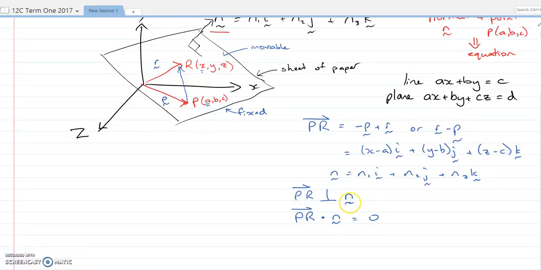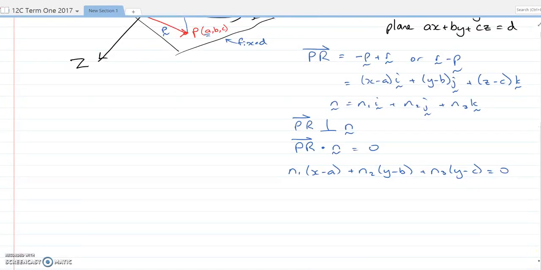So that's telling us we can just multiply the i coordinates, so that's n1 for the i of the first one, and x minus a for the other one, and so on. n2 times y minus b, n3 times z minus c. All of that equals 0. So that will give us the equation. Okay, so that's all we need to do.